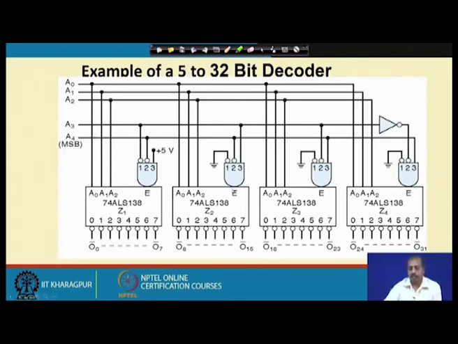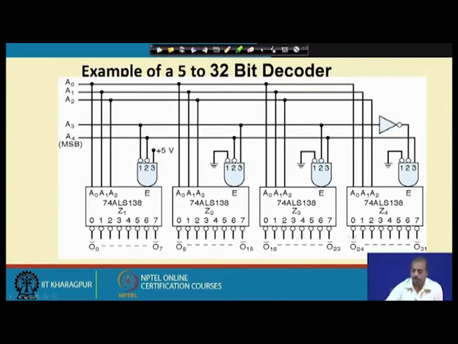For the second decoder, what we have done? We have connected the line A3 to E3 and A4 to E2, and the E1 line we have grounded. If I give A3 equal to 1 and A4 equal to 0, then this decoder will get selected. So, this enable will be active and all the other enables will be deactive.